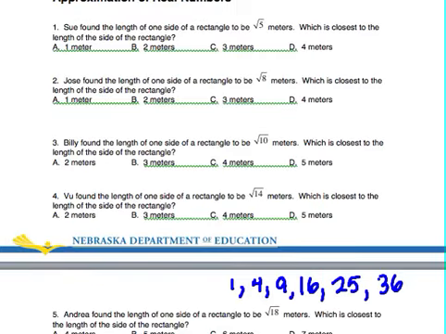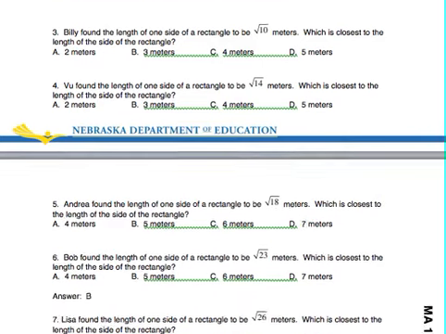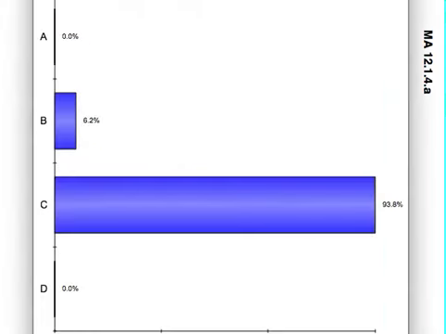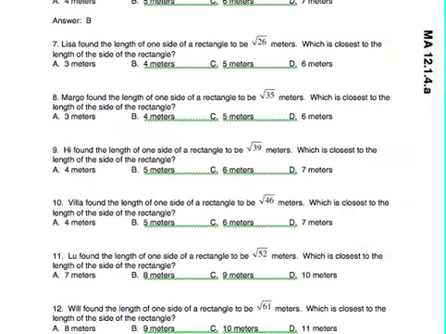Since I see that I already have the answer for number 6, let's go ahead and move to number 7. Lisa, root 26. What is root 26 closest to? And the answer is C, 5.